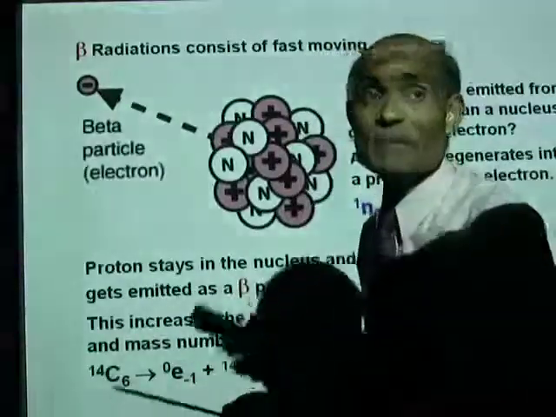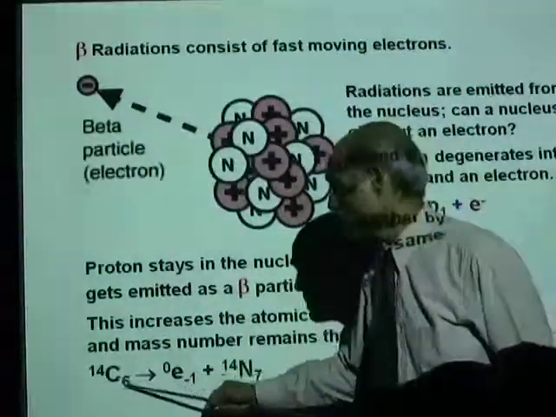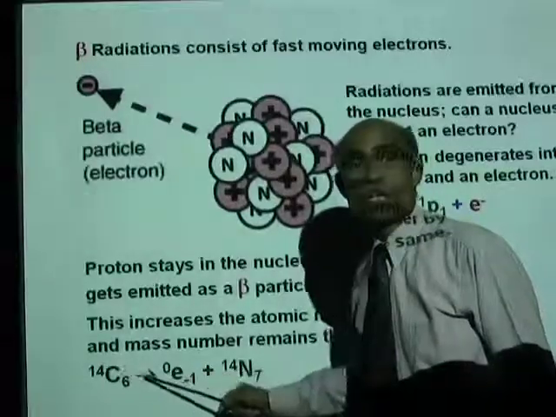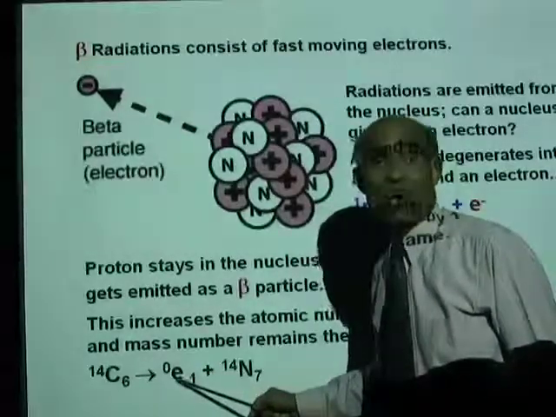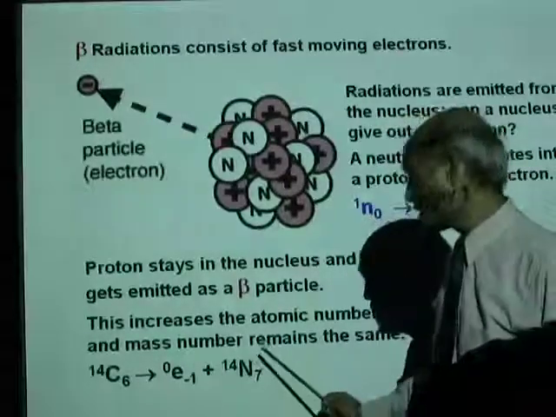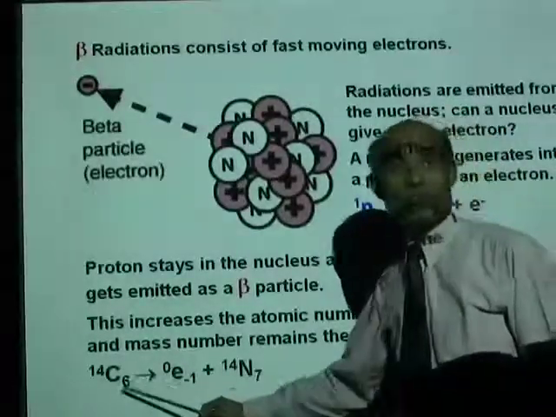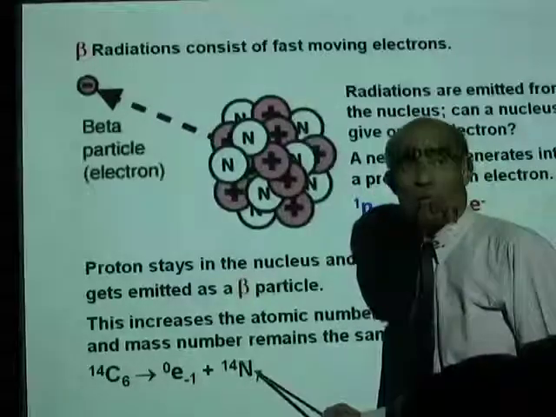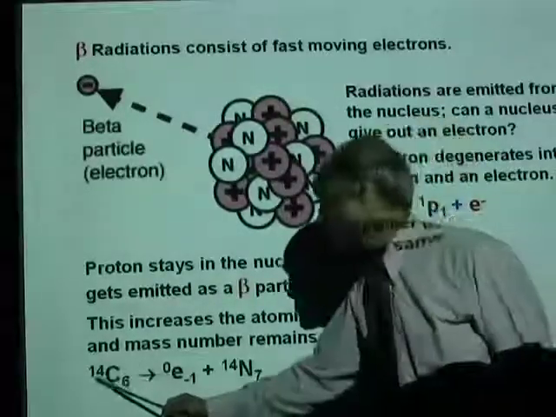We will see that later. So carbon-14 emits an electron, a negative beta, leaving behind a nucleus of nitrogen that is 1 atomic number higher. And the mass number is the same.